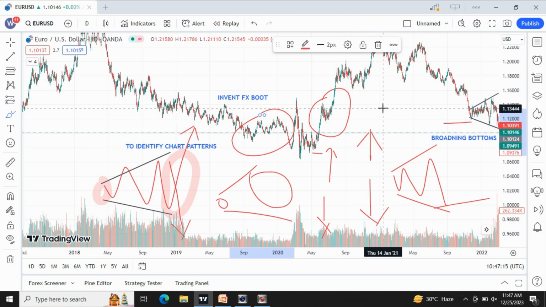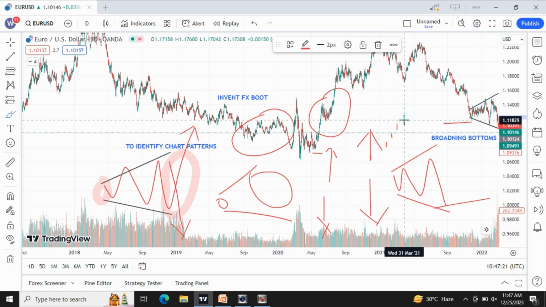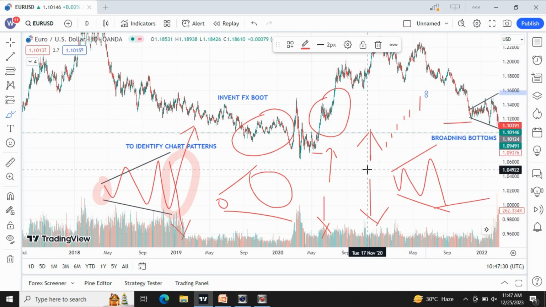As I earlier mentioned, I'm going to show you how you can identify a broadening bottom. A broadening bottom can easily be identified by a declining price trend before it.